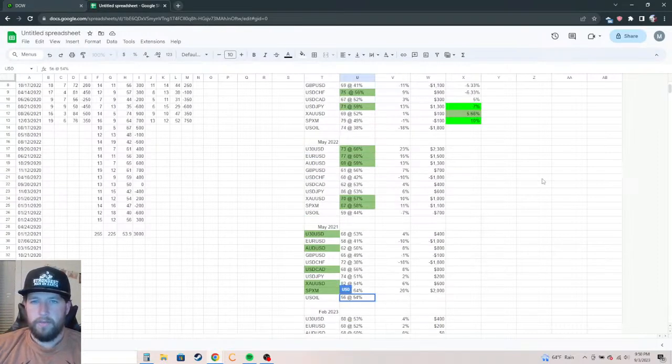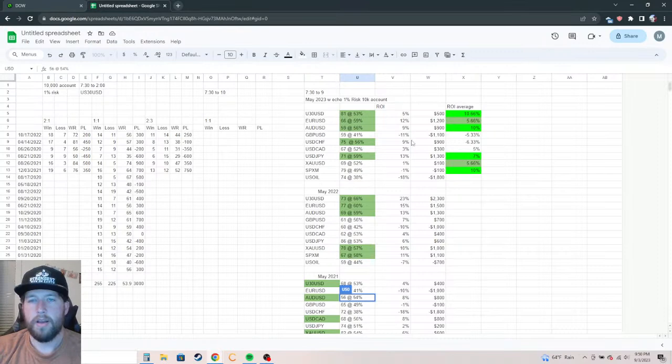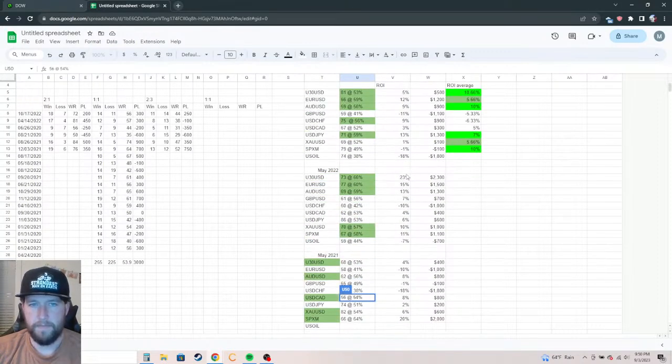So we have officially backtested 4 months, every trade on 10 different charts. Dow, Euro, Aussie, Pound, Franc, Canadian dollar, yen, all to the US dollar, gold, S&P 500, and oil.